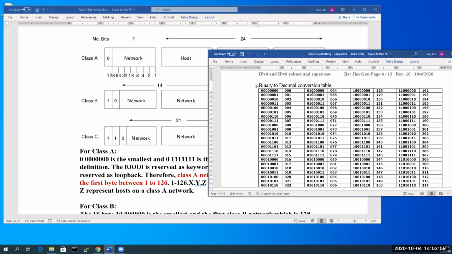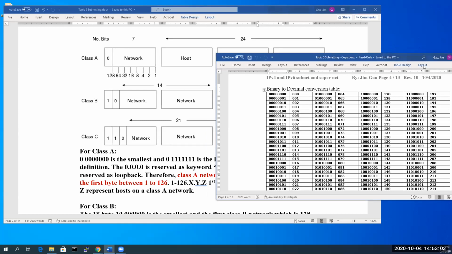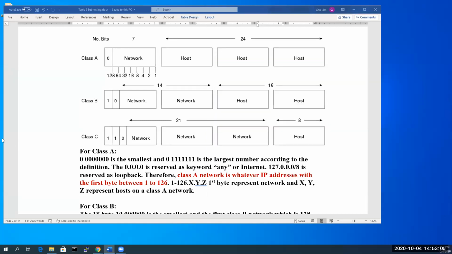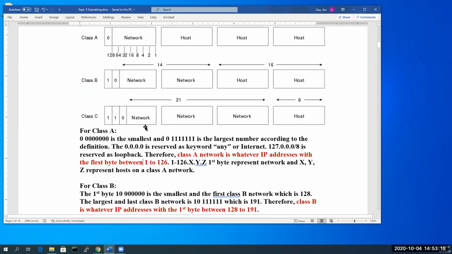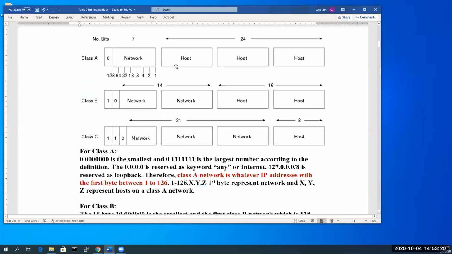Therefore, if we fix the first bit to 0, the smallest one will be 0, and the largest one will be 0 with 7 ones. That's the largest one, according to the calculation or the handout I gave you. So class A, according to this definition, is from 0 to the largest one, 127.